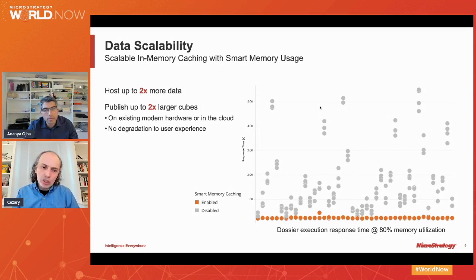What you can see here is that with this smart memory usage capability disabled, the response time is very inconsistent as cubes get swapped in and out of memory to serve those requests. With smart memory caching enabled, with exactly the same usage pattern and exactly the same volume of data, you can see a much more consistent behavior because all of the data that users commonly access is already in memory.